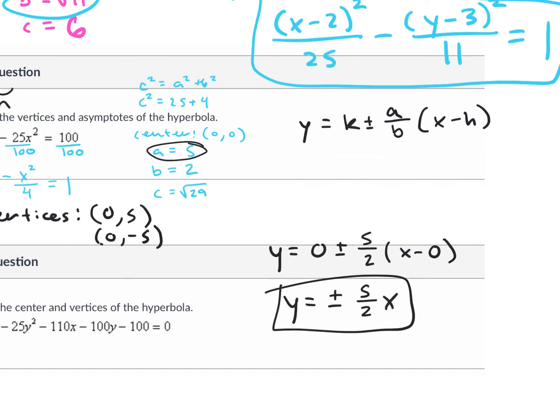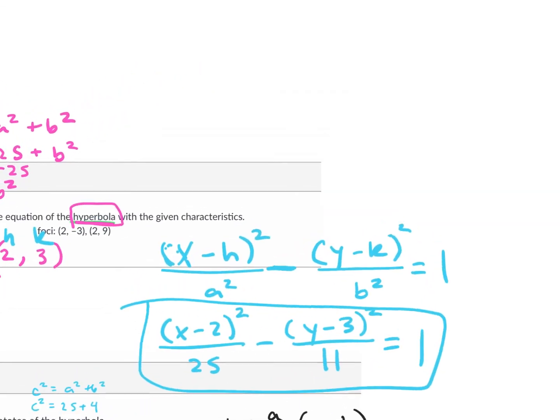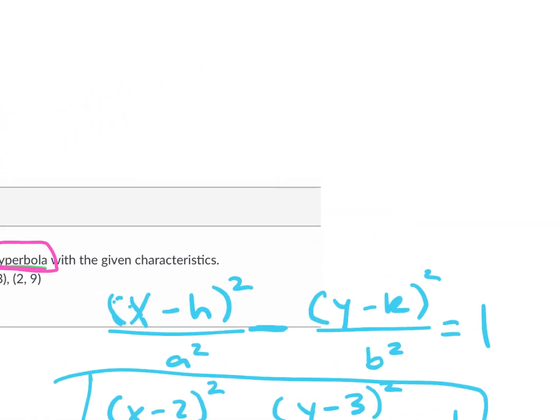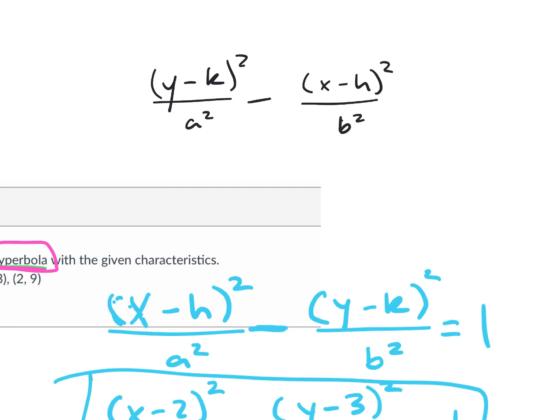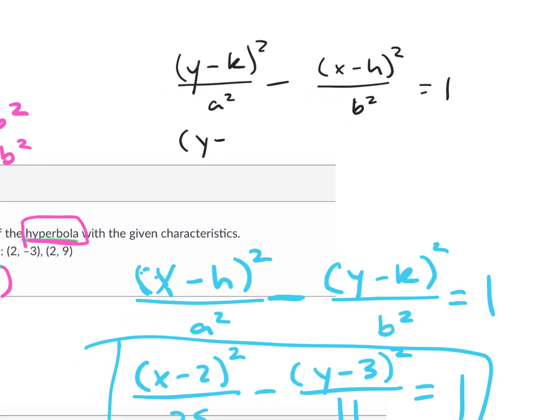Okay, it didn't delete much, so we're fine. Alright, so we said it was y minus k squared over a squared minus x minus h squared over b squared is equal to 1. What's our k? 3.